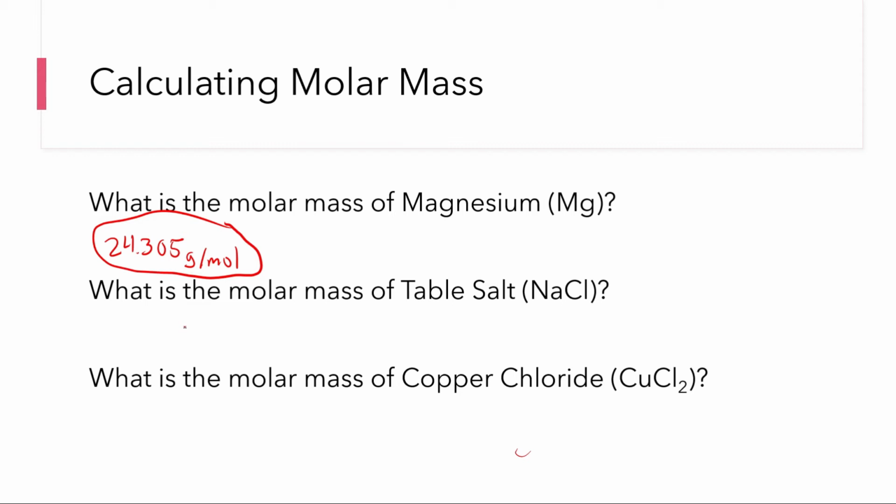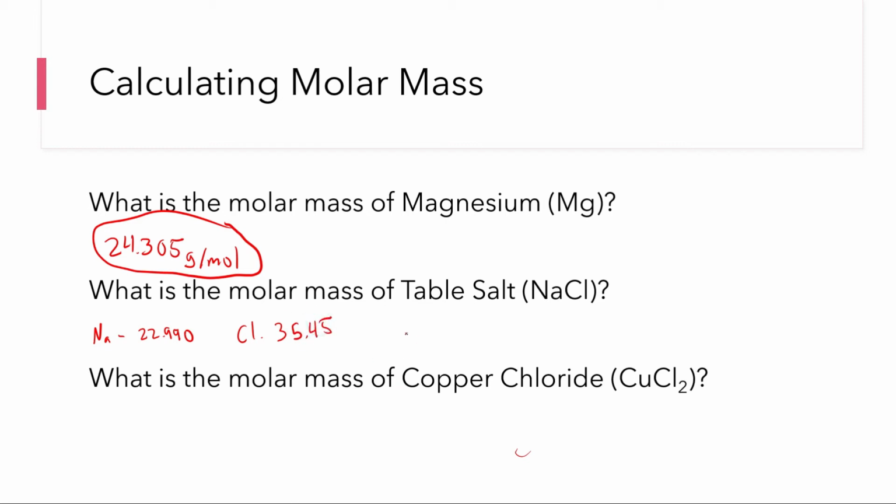The second one asks, what is the molar mass of table salt, NaCl? And so we know that the mass of sodium, the atomic mass, is 22.990. And the mass of chlorine, based on the periodic table, is 35.45.